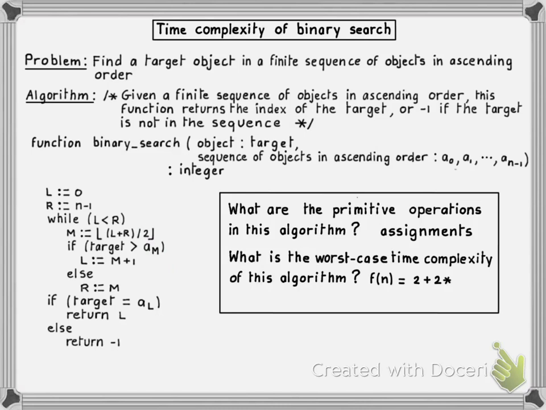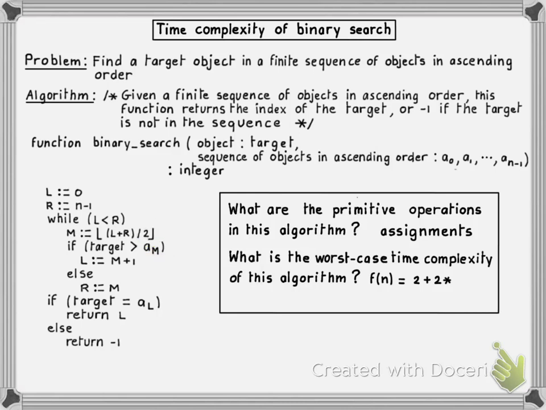And the while loop terminates when the subsequence under consideration is of size 1 because L is equal to R. So in other words, the number of iterations of the while loop is equal to the number of times it takes to divide a sequence of length n by 2 until you reach a sequence of length 1.